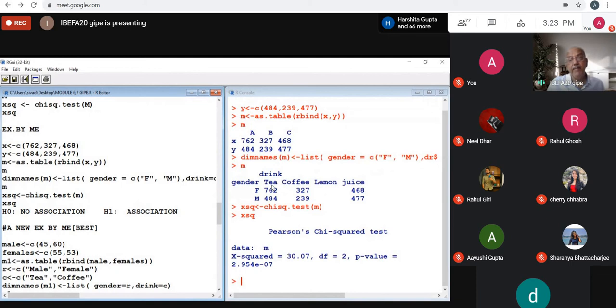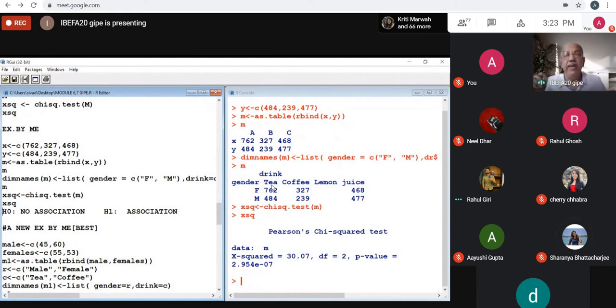Finished. What is the p-value? Less than 0. Very, very close to 0. So what is the conclusion? Sir, we reject our null. We reject H0. What then? Accept H1. Association, yes. There is association.